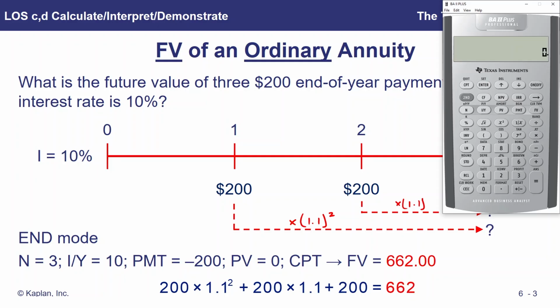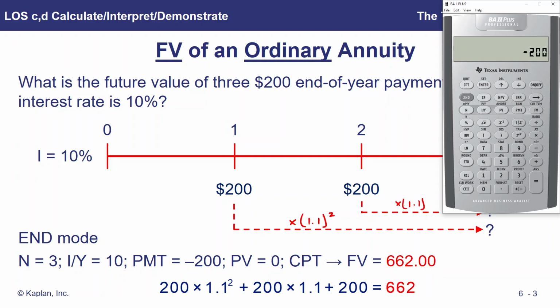Lovely. Okay, now I just need to enter my data. Before I do that, second function, future value, to clear out the data. So I've got an annuity of 3 years, 3 and then N, a discount rate of 10, 10 and IY, equal payments of 200. Now, if we're treating them as payments, we're going to be treating them as an outflow from the investor's point of view.